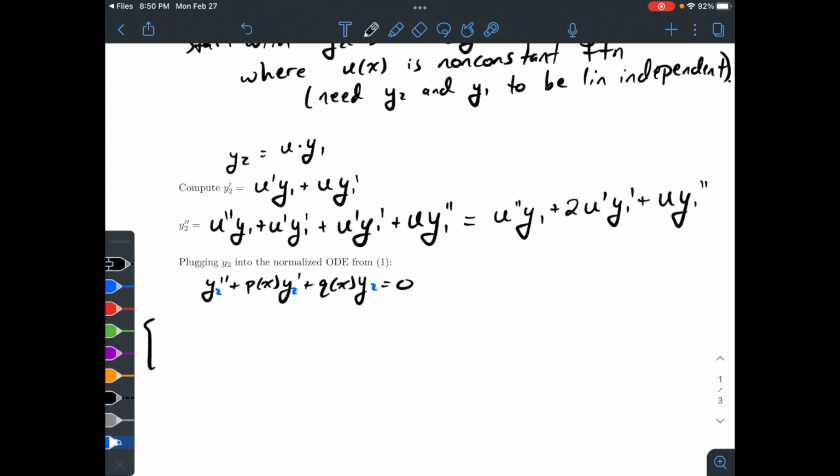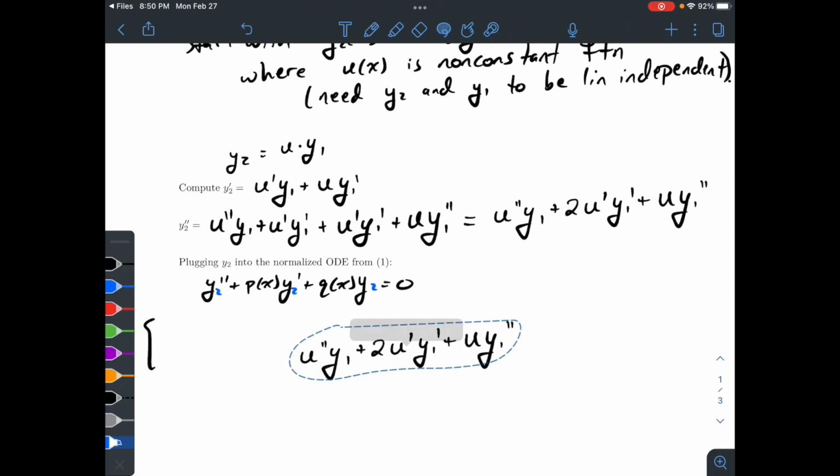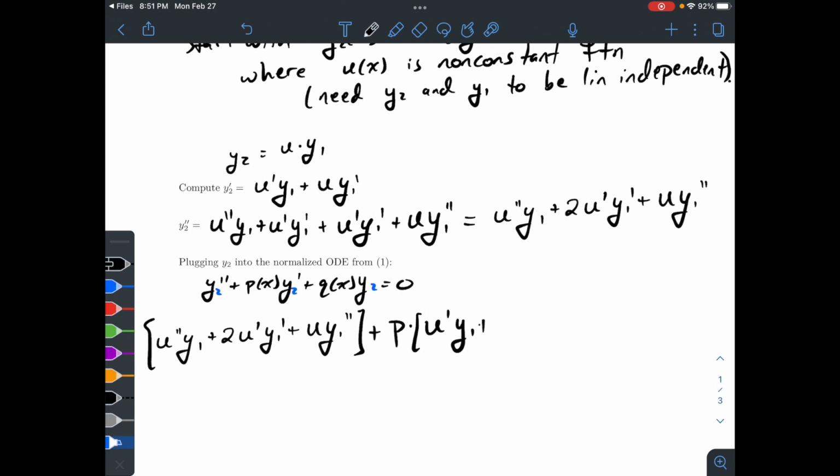Y2 double prime is this whole business. That's y2 double prime. P of x, I'm just going to write as p, times y2 prime. Y2 prime is u prime y1 plus u y1 prime.